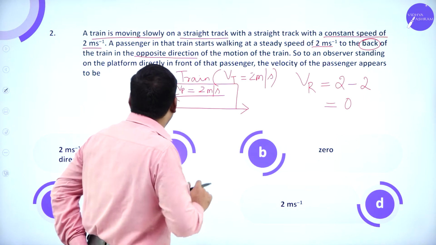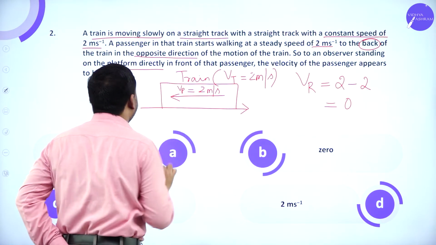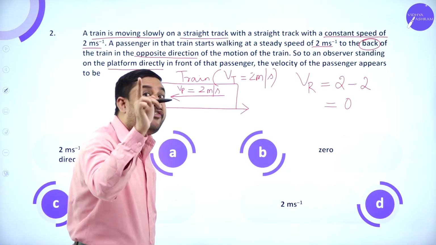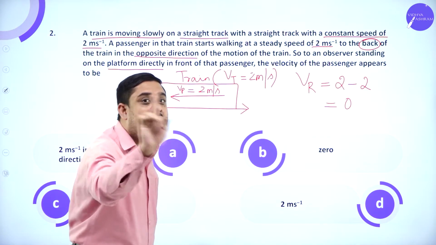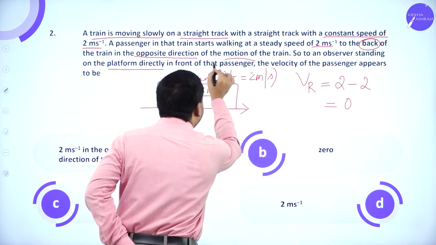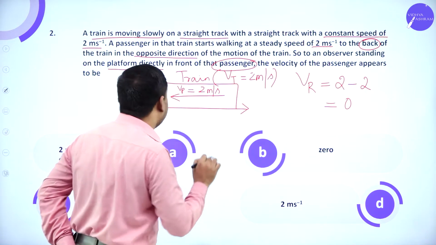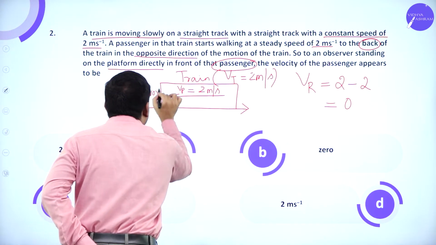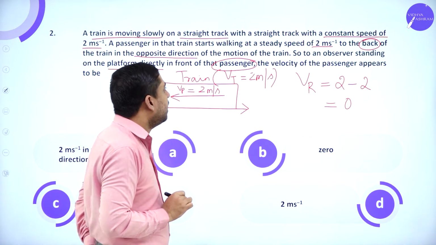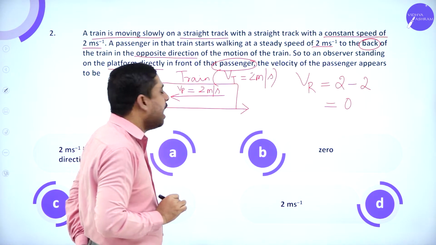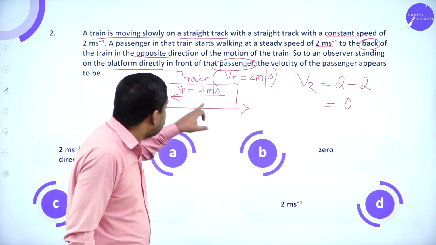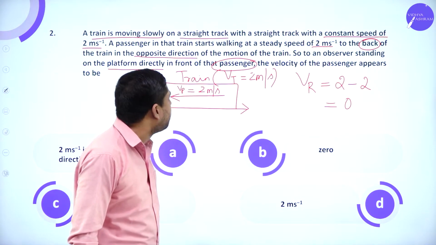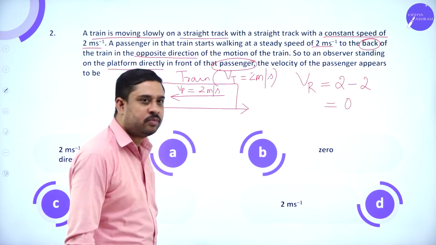For an observer standing on a platform directly in front of the passenger, not of the train, in front of this passenger. So there is an observer in front of the passenger. The velocity of the passenger appears to be, relative velocity of the passenger with respect to the train is 0.